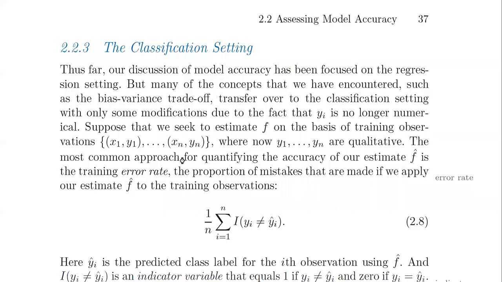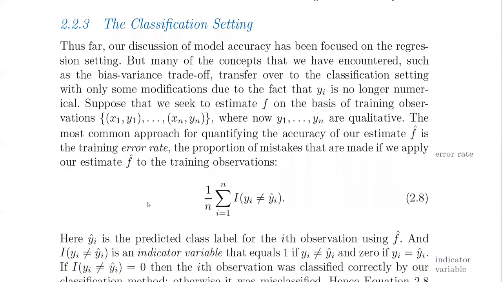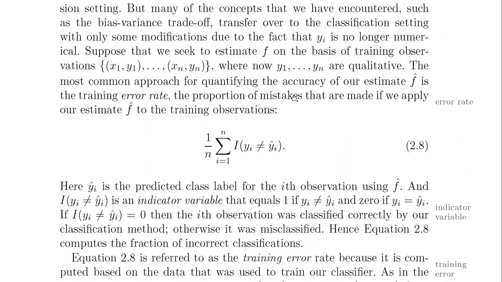Now, let's finish off with this page. The classification setting. Thus far, our discussion of model accuracy has been focused on the regression setting. But many of the concepts that we have encountered, such as the bias variance trade-off, transfer over to the classification setting with only some modifications due to the fact that yi is no longer numerical.